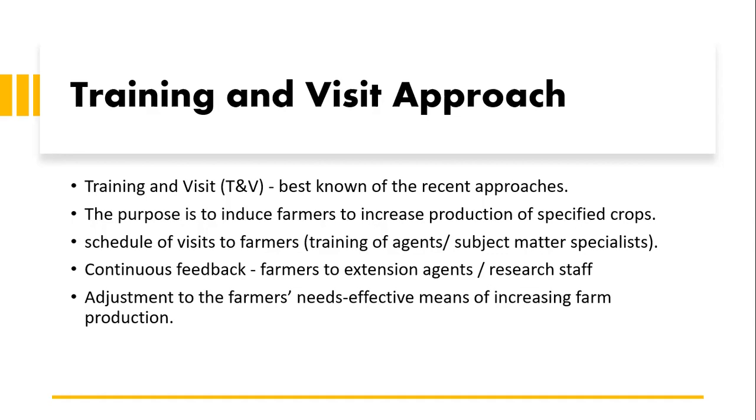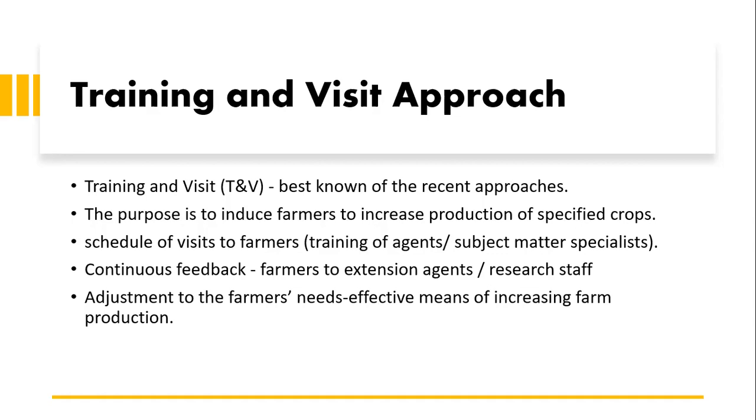Actually, one of the main identified problems is that training and visits are always happening with the large scale farmers, not the small scale farmers. The effectiveness of T&V is always with the large scale, and those are the people who are interested in T&V approaches.